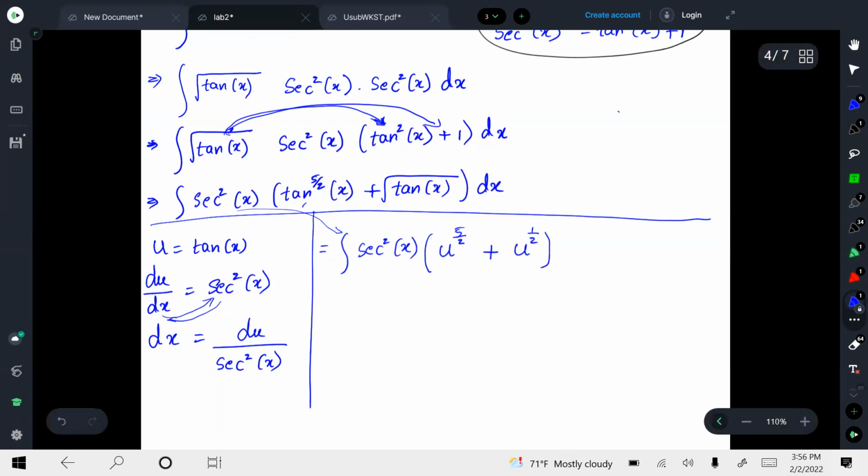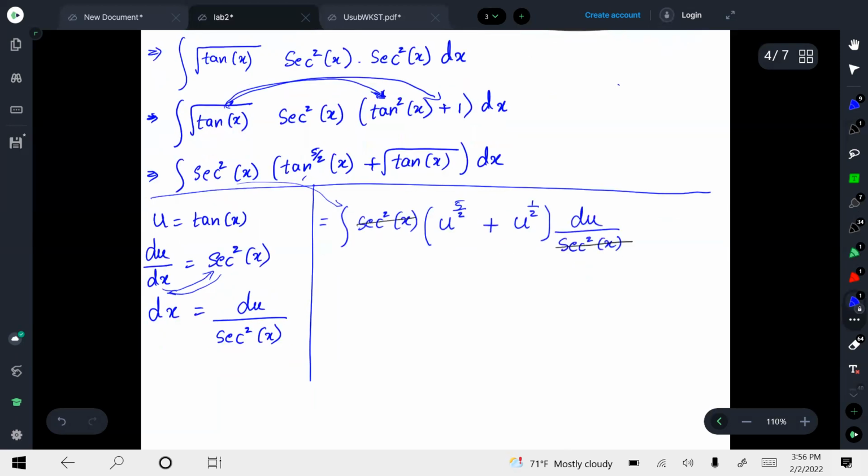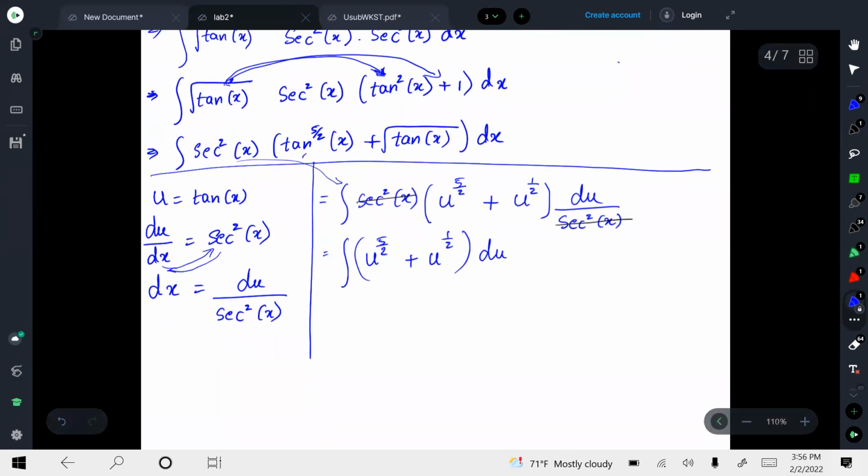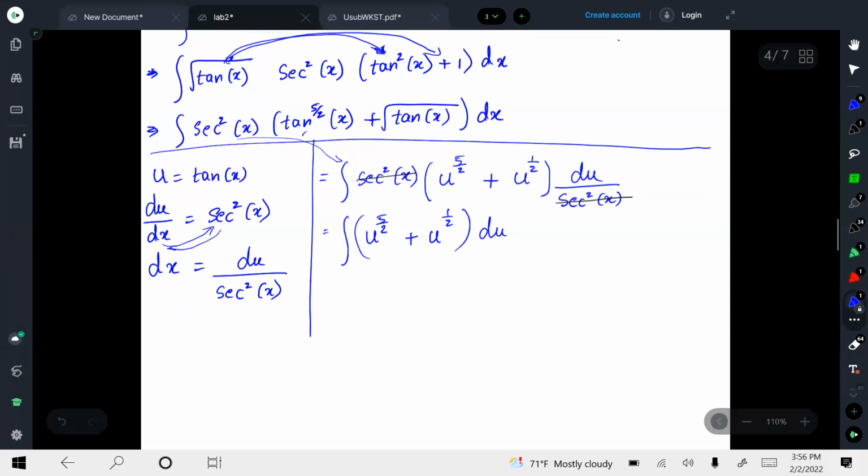Into what is dx? dx is du divided by secant square of x. Now you can see that the secant square of x in the numerator and in the denominator is cancelled, and you will get the integral of u to the power of 5/2 plus u to the power of half, into du.